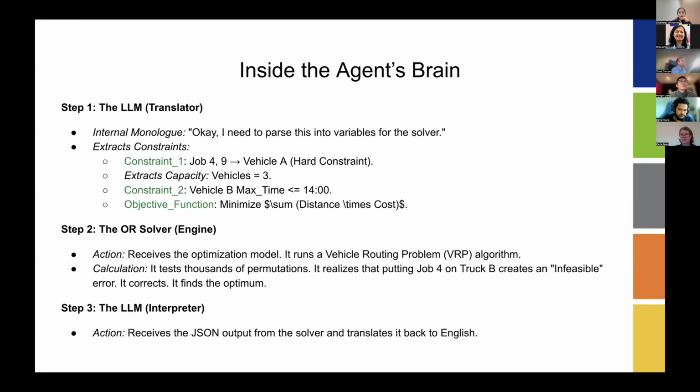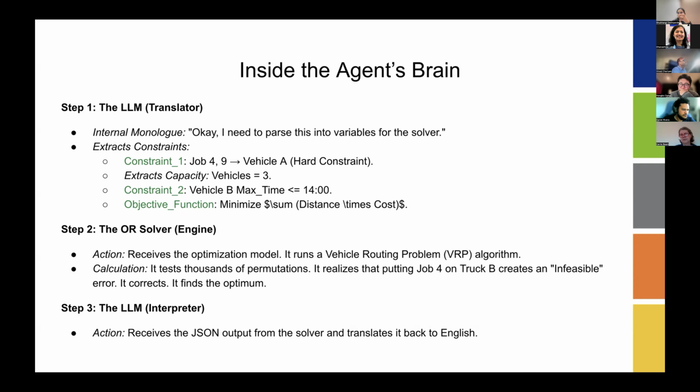Now let's see how this works inside the brain of the agent. What goes on behind the hood? First, the LLM works as a translator, where it takes the user input and formulates it as an optimization problem. It will formulate all the variables, the constraints, and the objective function of minimizing distance times cost, and then it sends that model to the engine of the agentic system, which is the OR solver.